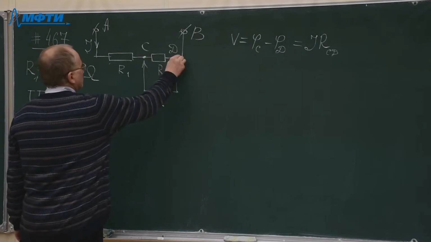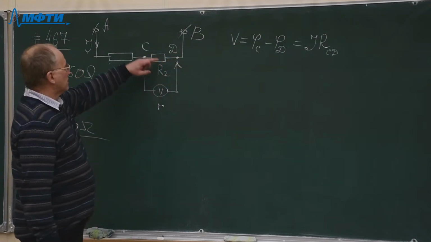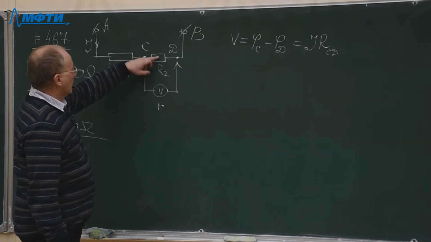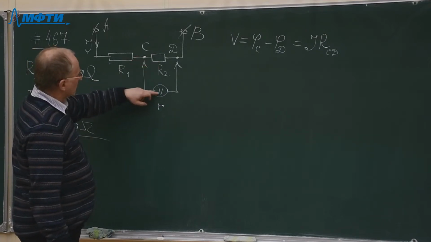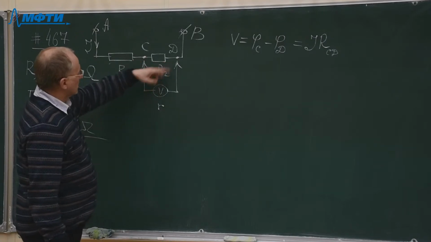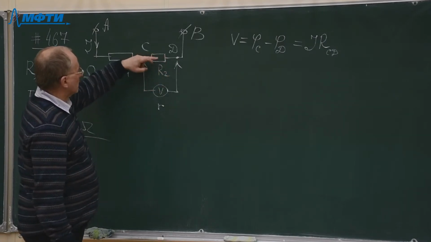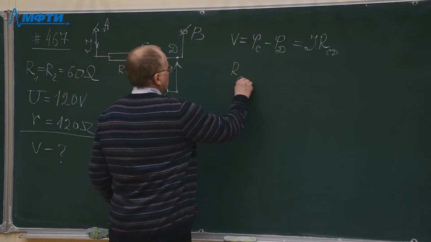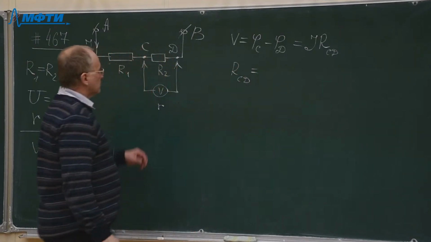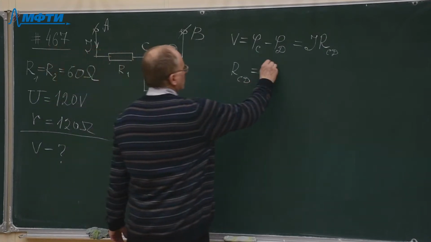And the resistance between the 2 points will consist not only of the resistance of R2, but also of the resistance of the voltmeter, which is connected in parallel to the R2. So the resistance between points C and D can be found according to the formula which we have derived.